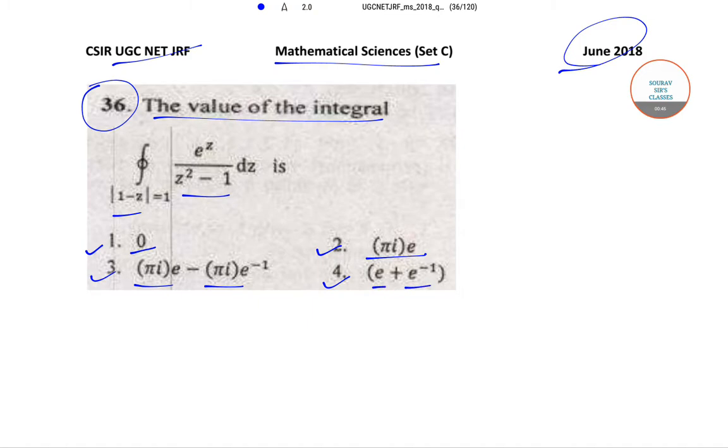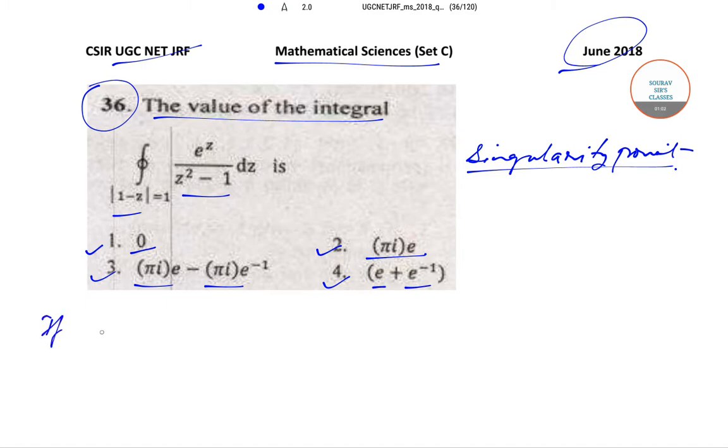So for this, we'll first try to find out the singularity points. For finding the singularity points, let us break down the integrand.